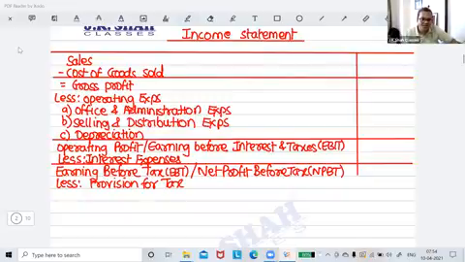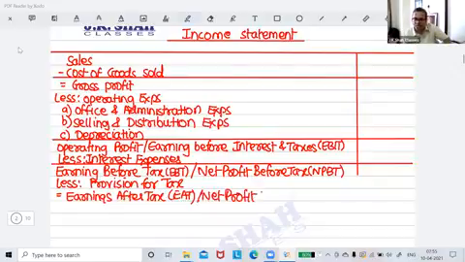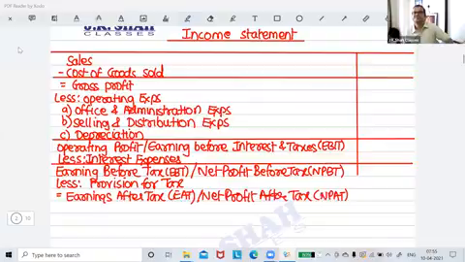It will be earnings after tax. That is EAT, or what? Net profit after tax. NPAT, right?